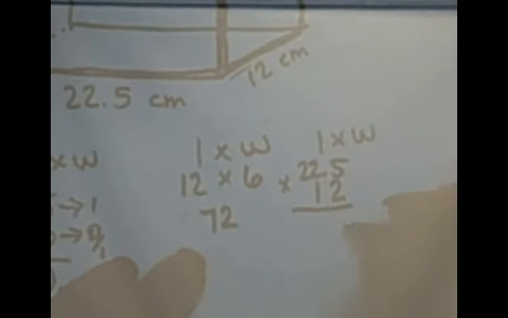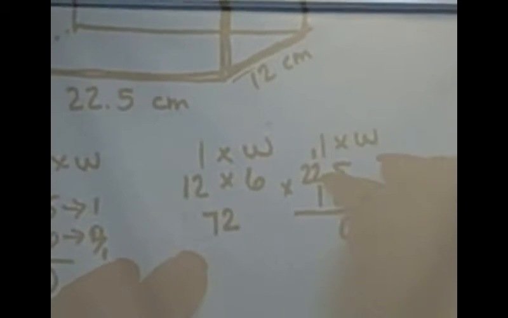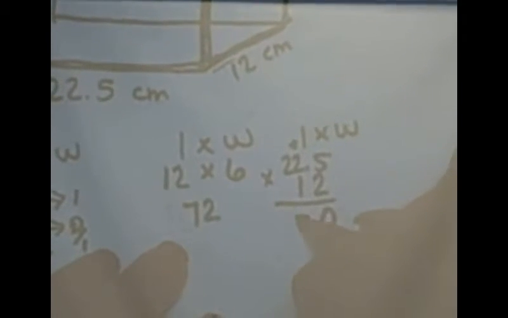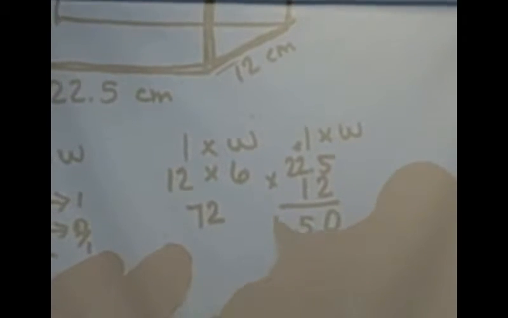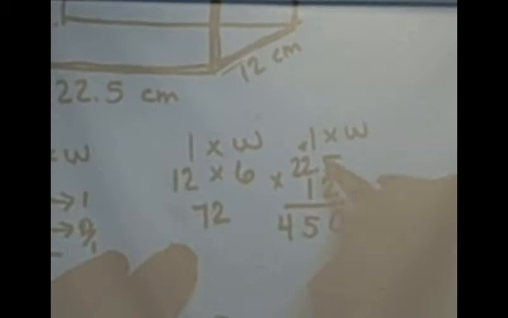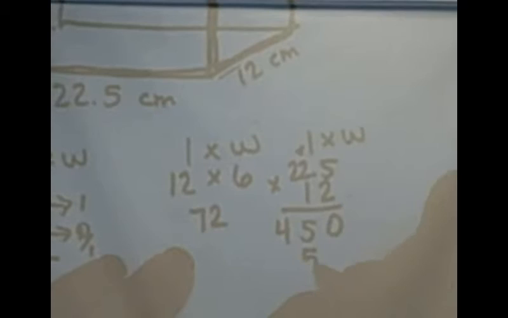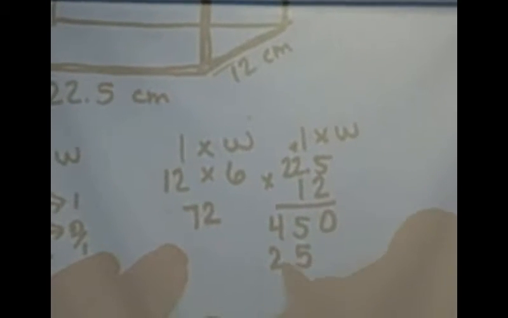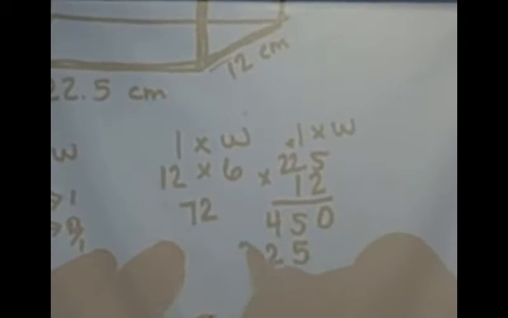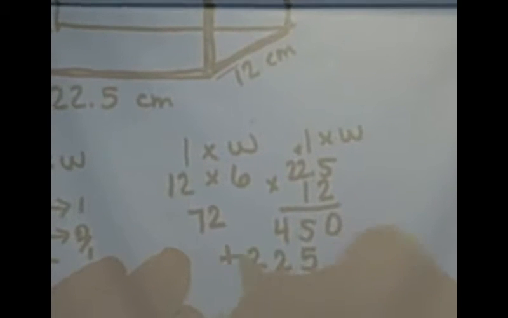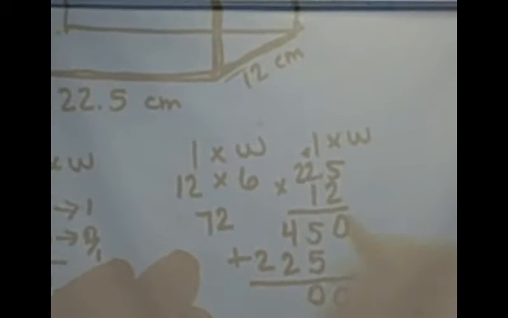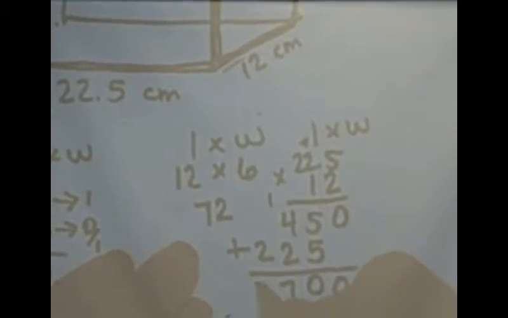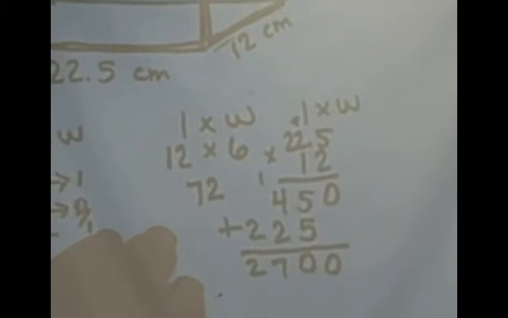All right, so 2 times 5 is 10. 2 times 2 is 4, plus 1 is 5. 2 times 2 is 4. Moving to the tens place. 1 times 5 is 5. 1 times 2 is 2. 1 times 2 is 2. We're going to add these up all together, and we should end up getting 2700.